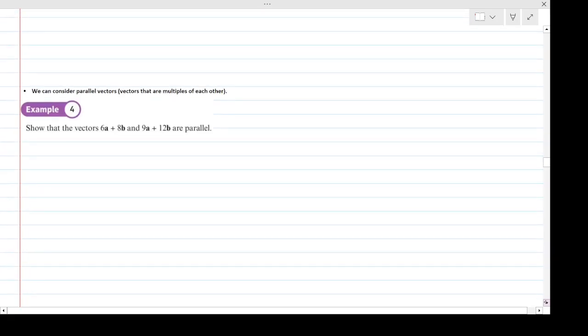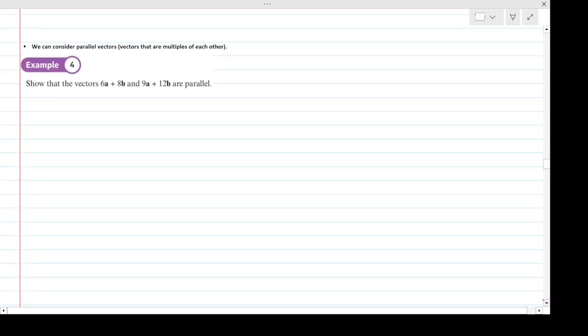Now we're going to revisit our parallel vectors stuff. So in this example, we need to show that the vectors 6a + 8b and 9a + 12b are parallel.